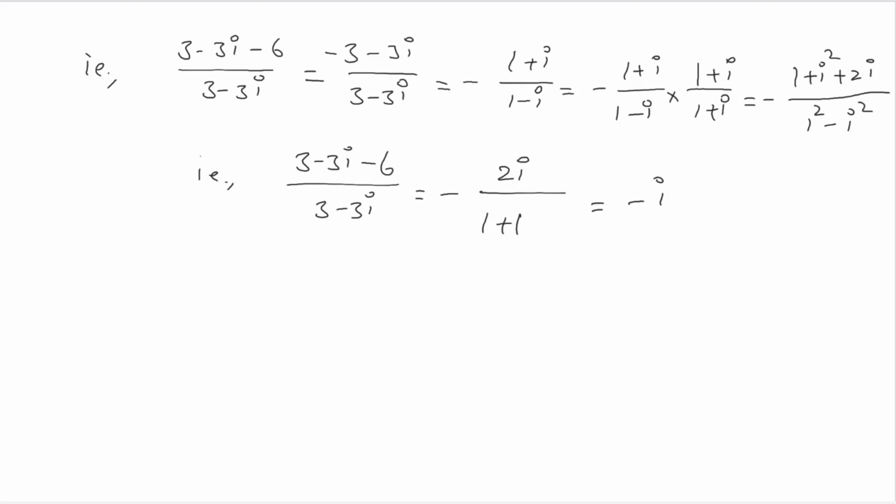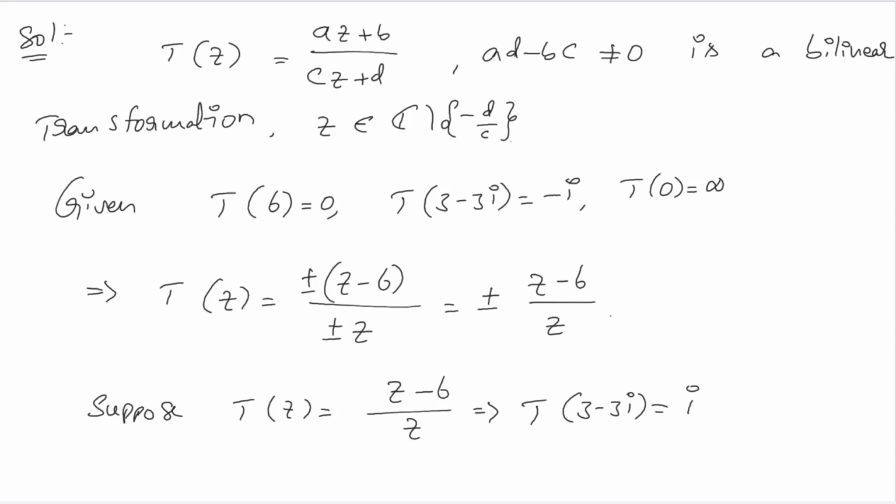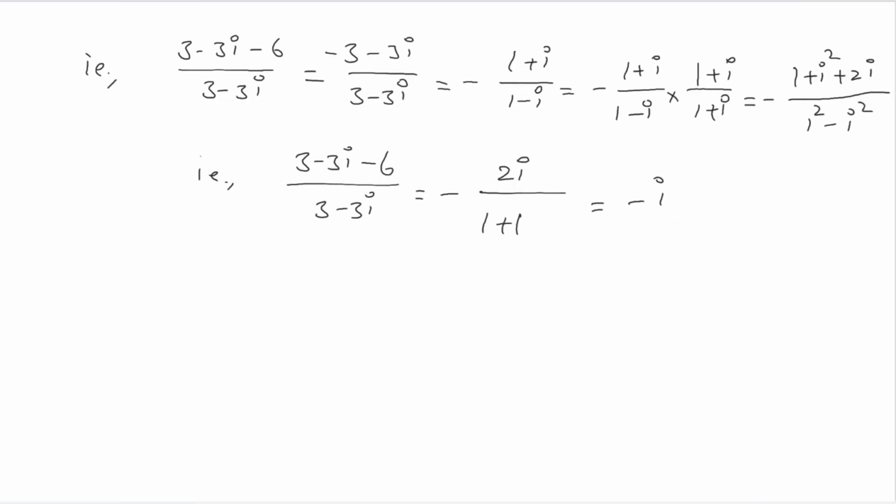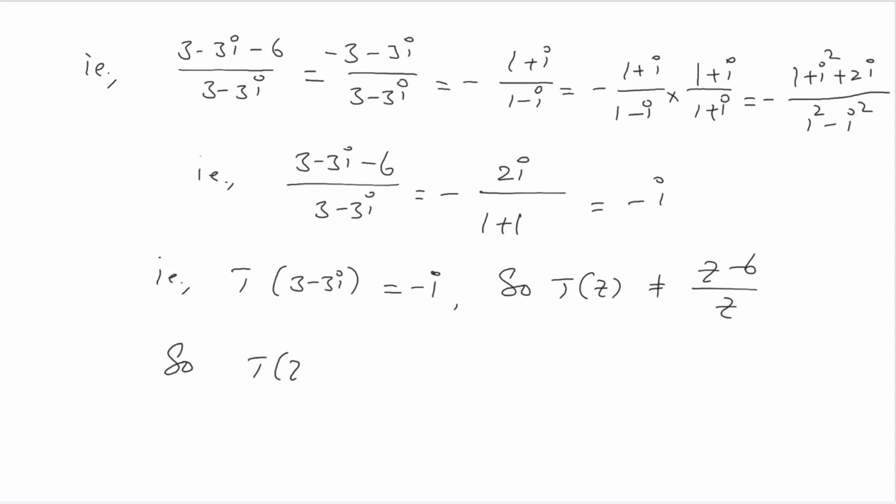But it is given that T of 3 minus 3i is i, and since we assumed T of z is (z minus 6) divided by z, we are getting T of 3 minus 3i as minus i. So T of z is not equal to (z minus 6) divided by z. So we get T of z is nothing but (6 minus z) divided by z. So this is our bilinear transformation.